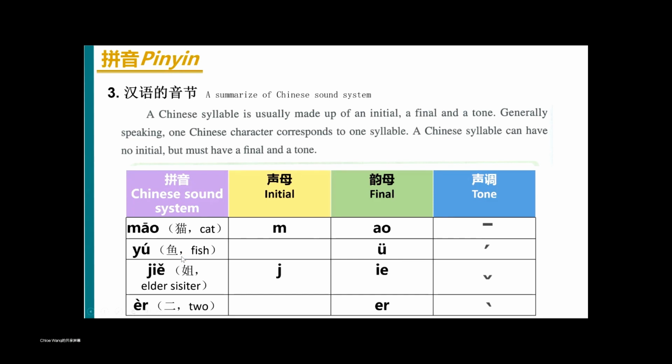Because when ü acts as a syllable by itself, this y is added before it, and then we remove the two dots on the top of it. So you see, only this ü is the most special one because it does not exist in the Roman alphabet.